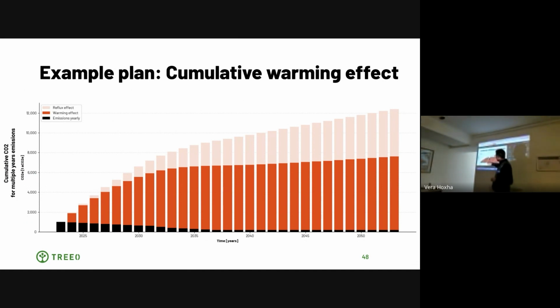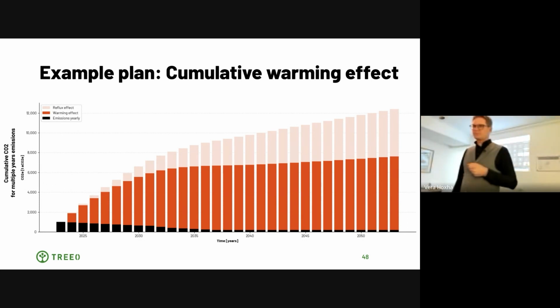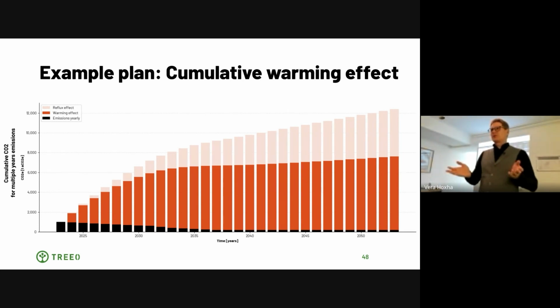You see the cumulative warming effect of this emission is much, much higher than just looking at the emission itself. The good thing is if you buy removals, the same effect, the reflux effect, also takes place. As long as you buy and counterbalance the warming effect every year, you're also fine. But if you don't do this, you pile up.